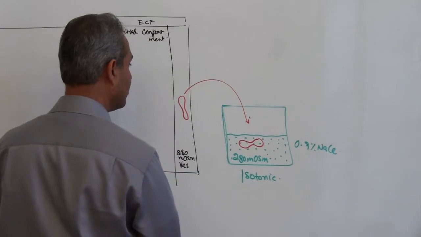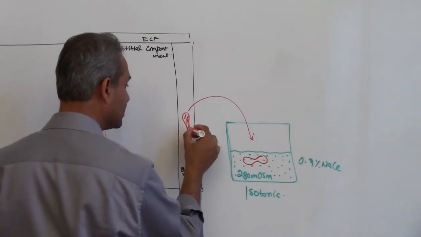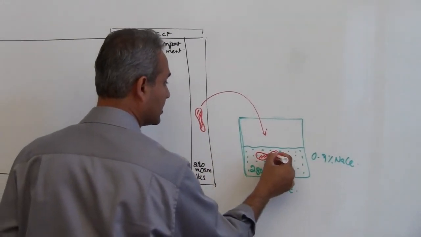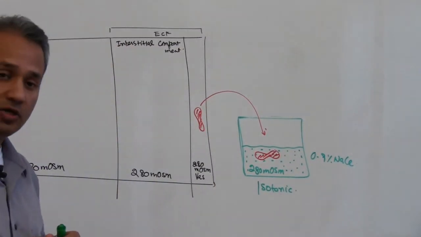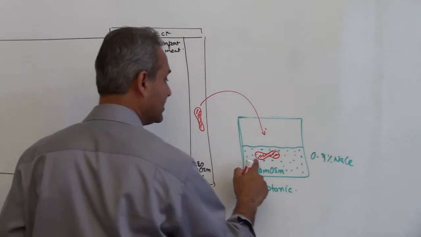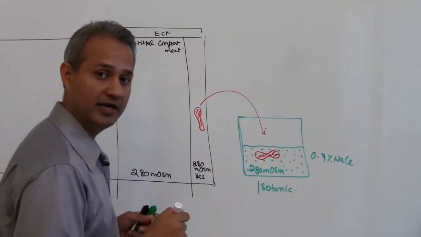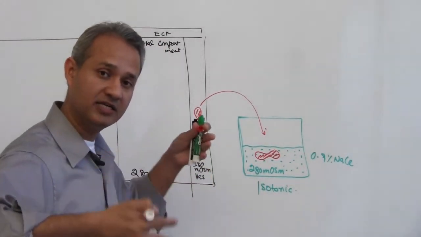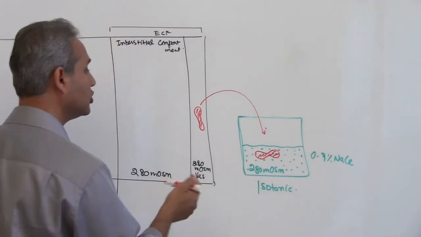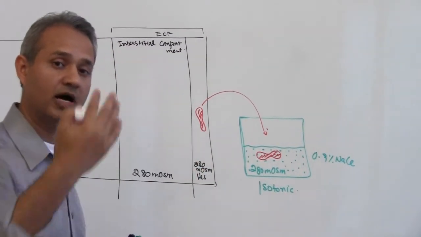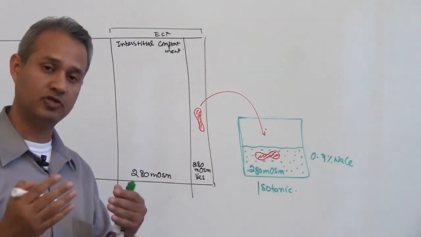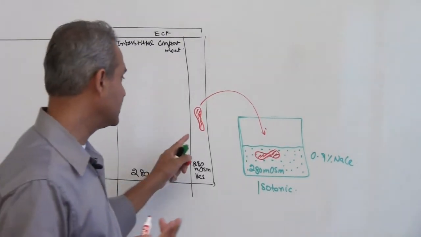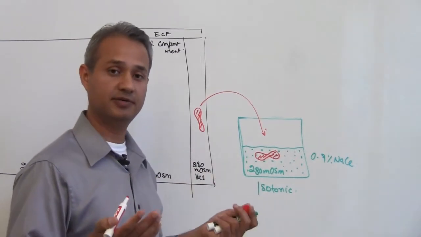The environment of the RBC inside is going to be isotonic to the environment of the fluid. So there is no change in the osmolarity, there is no change in the concentrations, so fluid is not going to move in or out of the RBC. So net water movement is going to be 0.